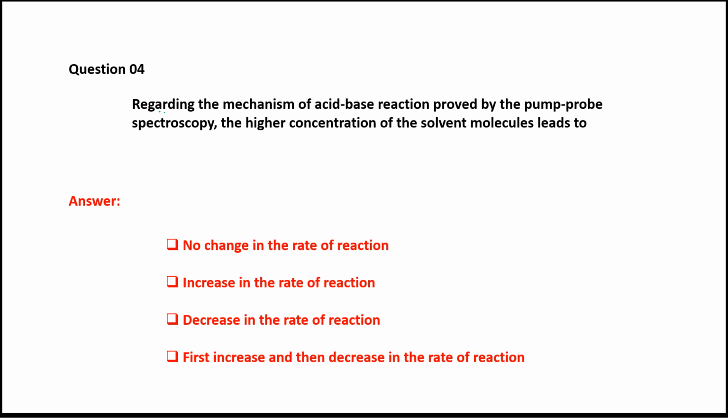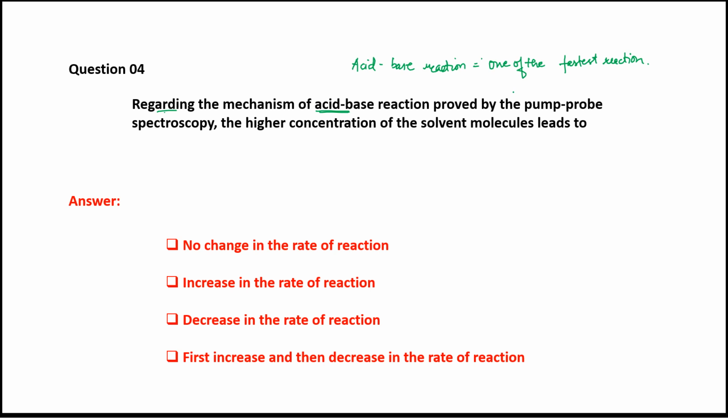Okay, now the mechanism of acid base reaction, as I told previously, the acid base reaction is one of the fastest reactions. Now, earlier they thought that the fastest reactions can be studied through the ultrafast processes.